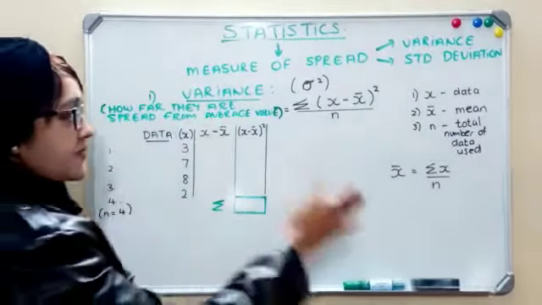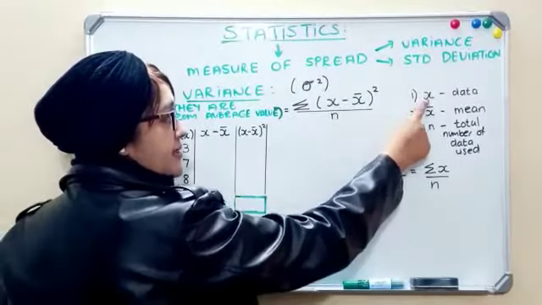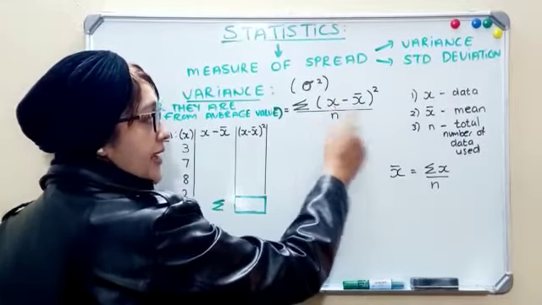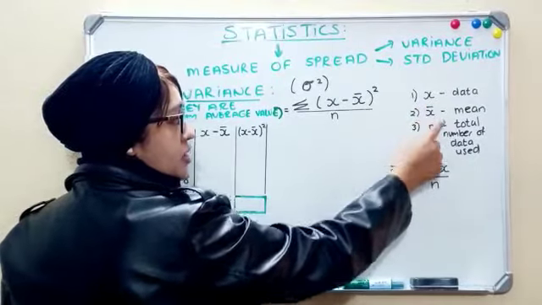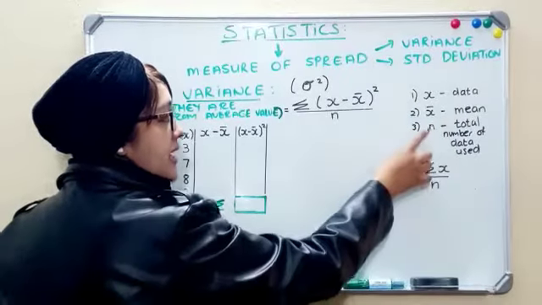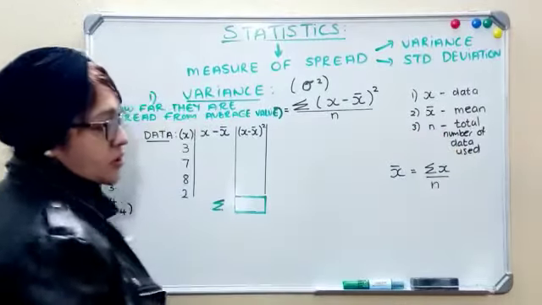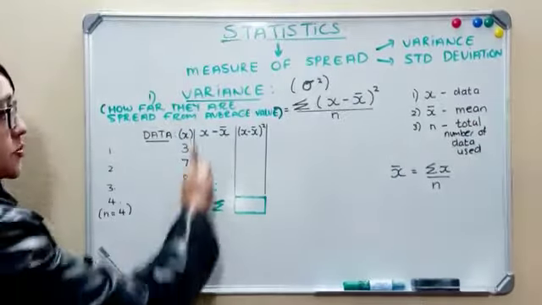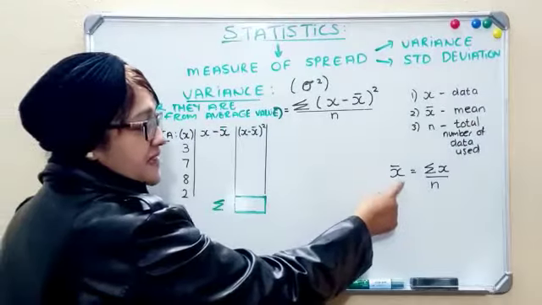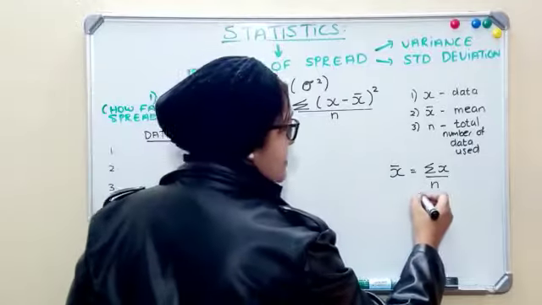What I've done here at the side is write down that X stands for the data, X with the dash on top means the mean, and N is the total number of data used. To proceed, we need to calculate the mean first.